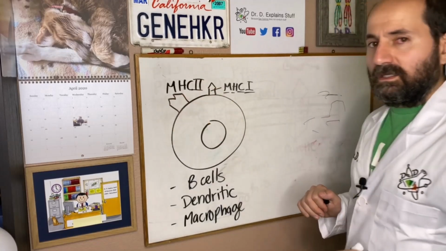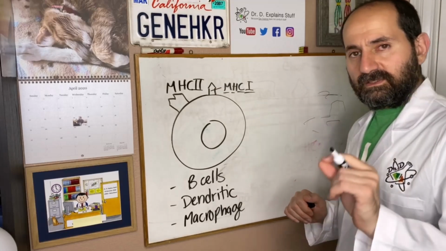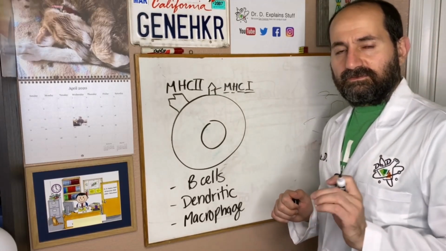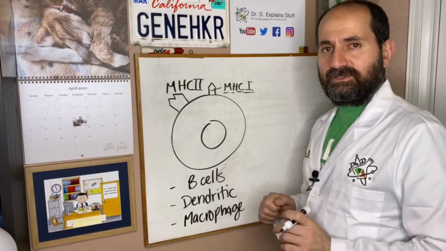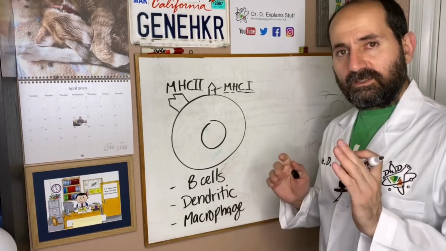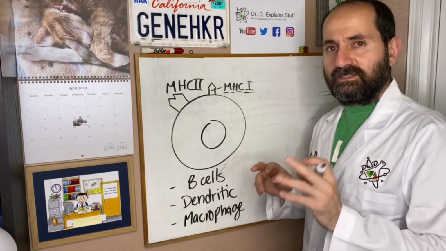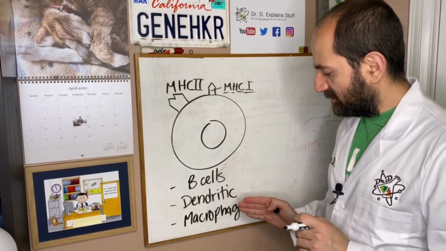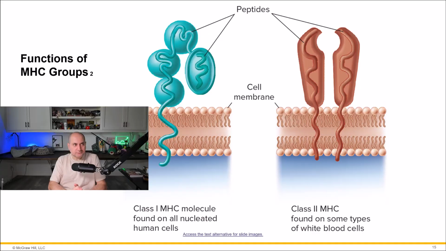Okay? So there you go. That's how you know if a cell has MHC I or MHC II. All of your nucleated cells have MHC I, but only the professional antigen presenting cells, the B cells, the dendritic cells, and the macrophages have both.